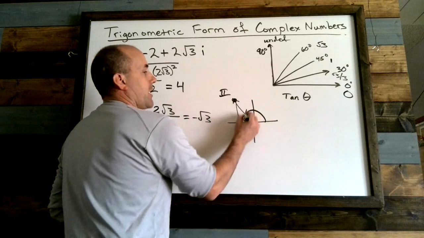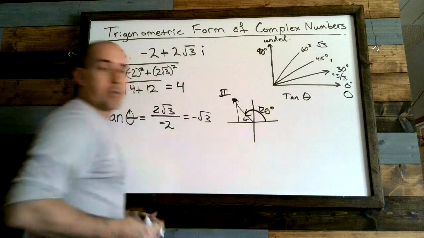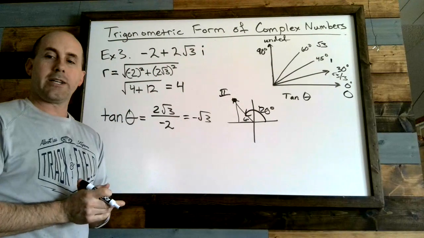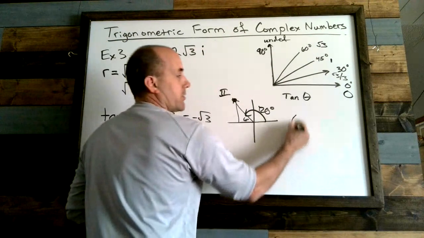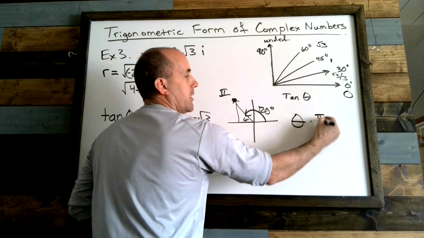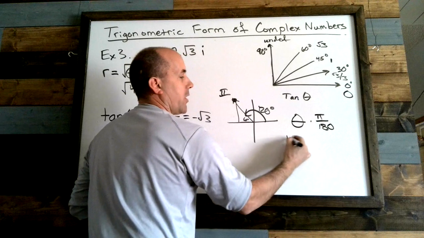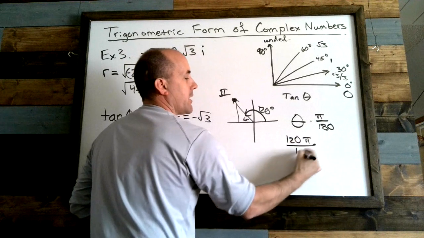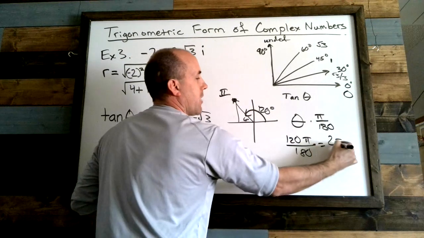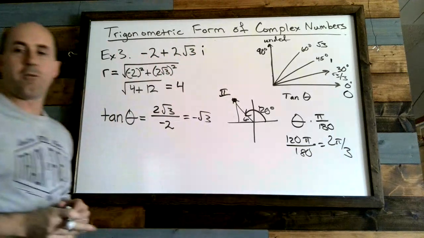That means your angle is actually 120 degrees. Convert that over to radians. Your conversion, degrees to radians, remember, is theta times pi over 180. If you take 120 times pi over 180, you do get 2 pi over 3. We've covered that before.